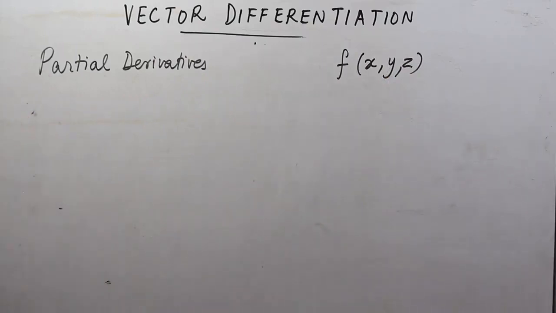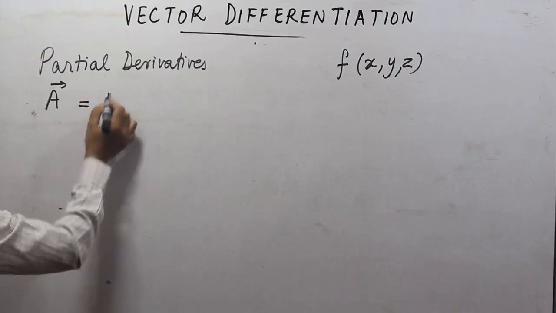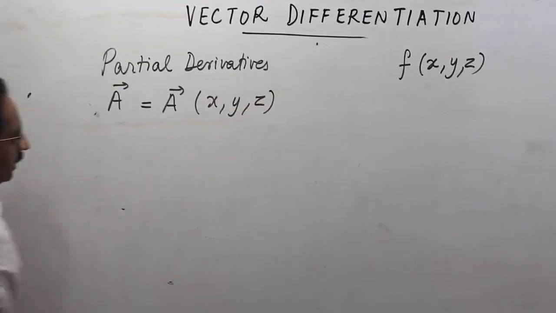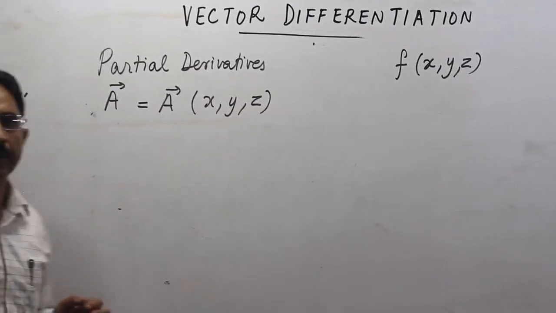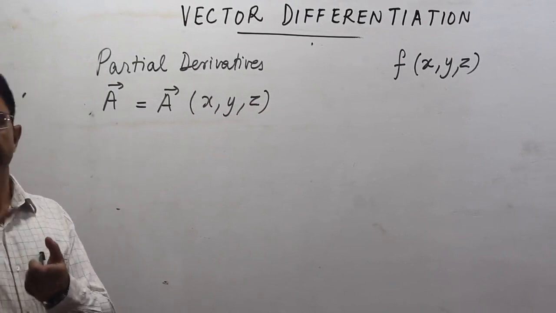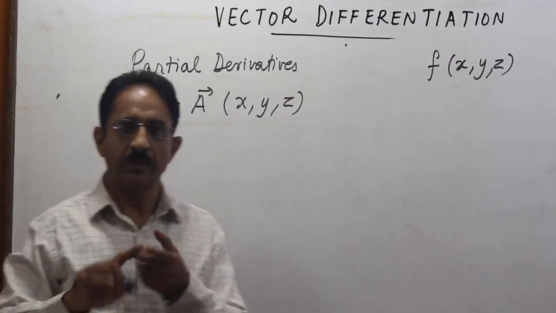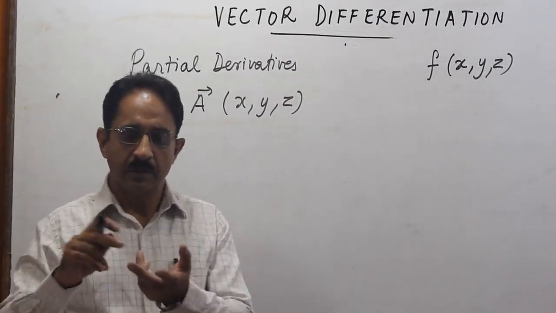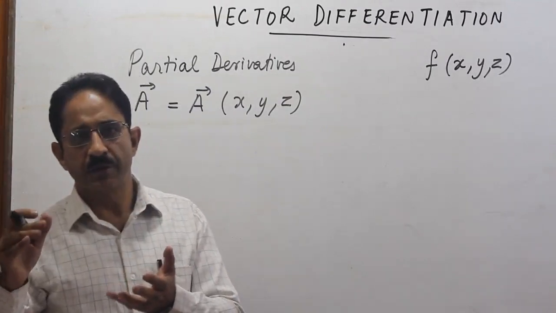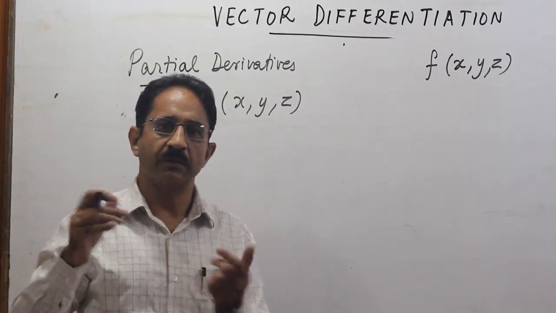In case of vectors, if we have a vector A which is a function of x, y, z, it will have a derivative with respect to x, a derivative with respect to y, and a derivative with respect to z. When we differentiate with respect to x, we keep y and z constant. When we differentiate with respect to y, we keep x and z constant. When we differentiate with respect to z, we keep x and y constant.